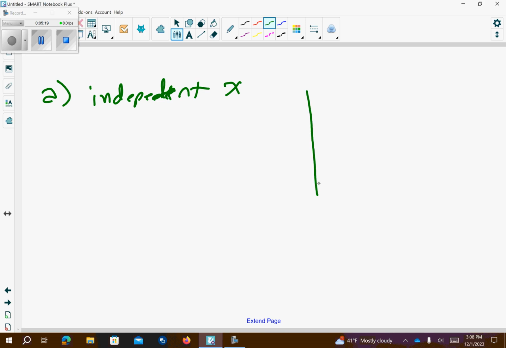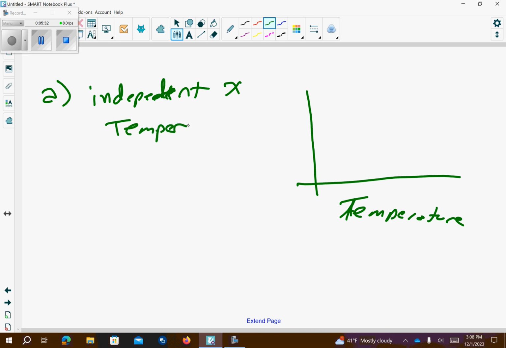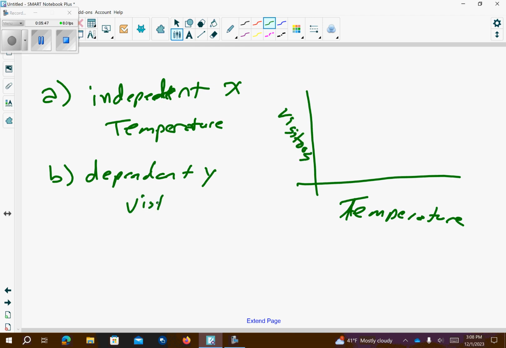So if we look at our graph that we have drawn over on the right side, this says temperature. So our independent is temperature. It's the x value, whatever it's titled. The y value is the dependent, which in this case is going to be visitors if you look at your graph. So this will be visitors.